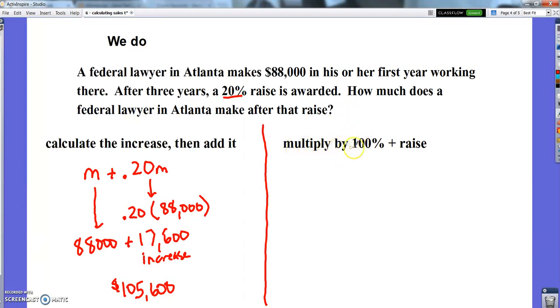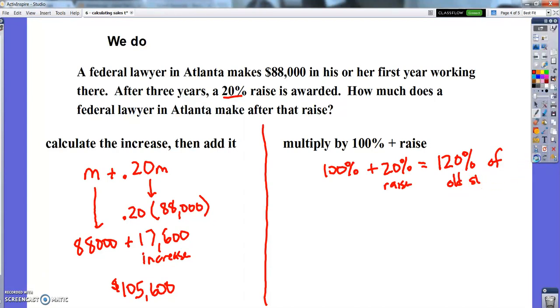So the next one, I'm going to just multiply by 100% plus the raise. So they're going to already make their normal 100% salary plus the 20% raise, which is 120% of their old salary. Which means they're going to make more, right? Their old salary plus 20%.